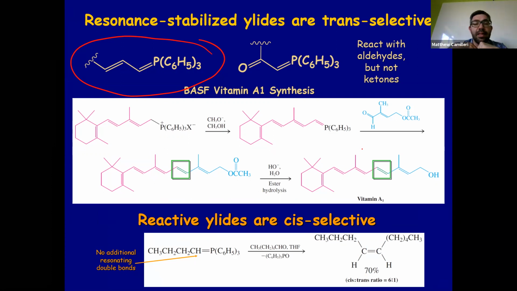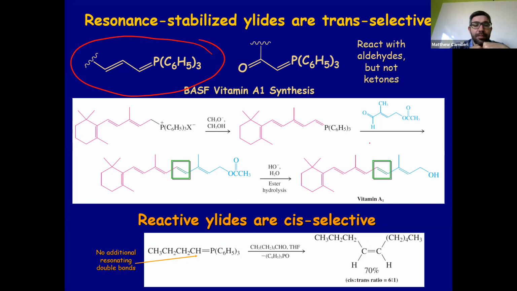If you have a reactive ylide, this will normally produce the cis, because cis would probably be the easiest to synthesize, but we don't have the mechanism for that. So just know that resonance stabilized ylides produce trans compounds, whereas cis is prepared by reactive ylides.